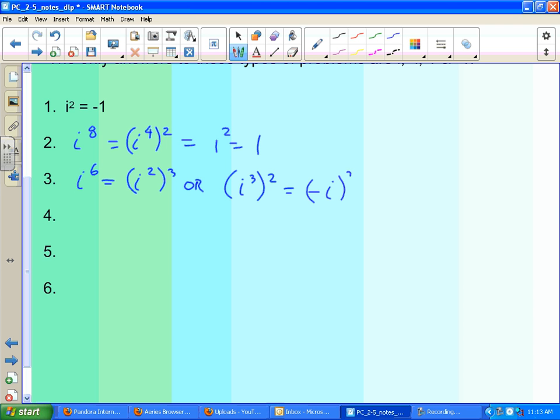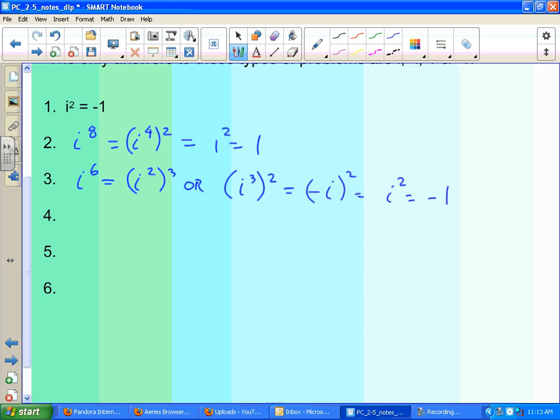And by squaring negative i, I get a what? What do I get there? Positive 1 or negative 1? Don't I get that? So I can't just say every even number is going to become 1.